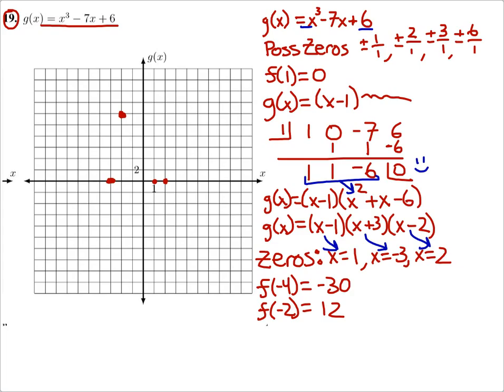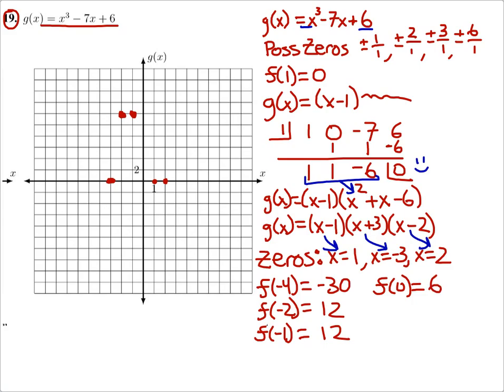And we carry on. F of negative 1 is 12 as well. Interesting. So we've got negative 1, 12. Okay. Let's see here. F of 0, we probably need to know what that is. F of 0 is 6.